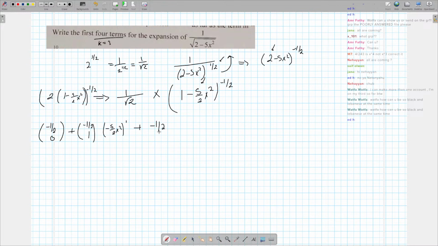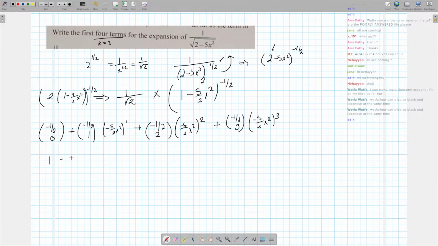Okay, minus half C2 times minus 5 over 2 x squared to the power of 2, plus minus half C3 times minus 5 over 2 x squared cubed.